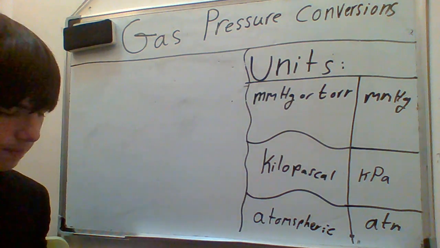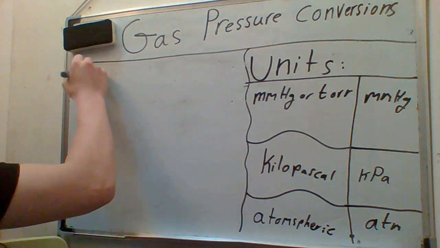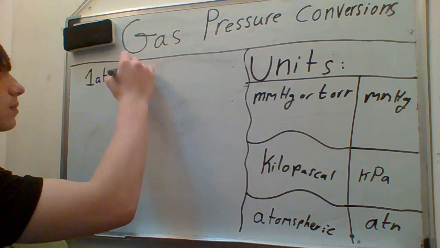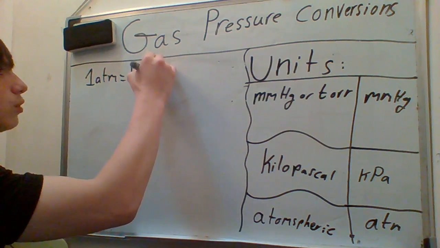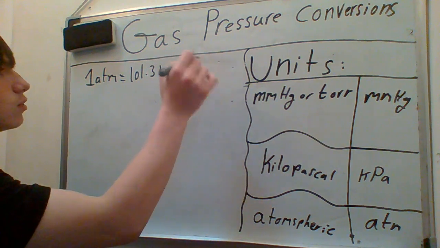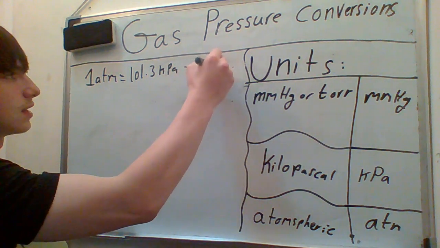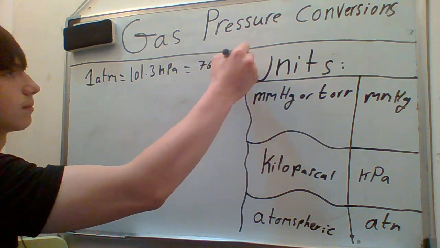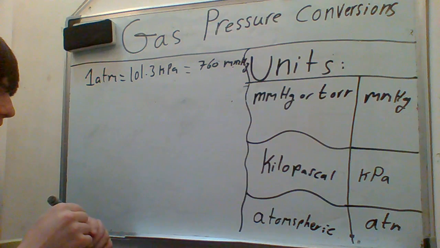For the conversion, 1 atm equals 101.3 kilopascals, and this equals 760 millimeters of mercury. What does that mean?